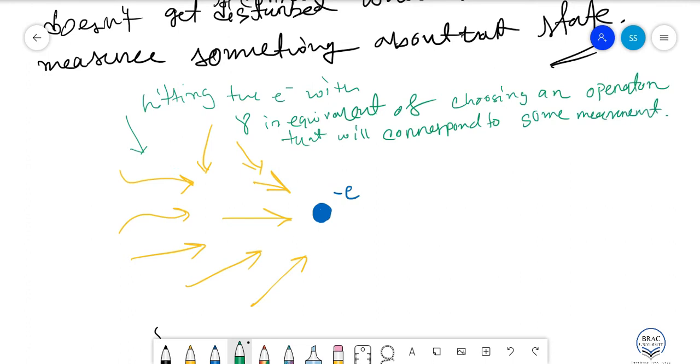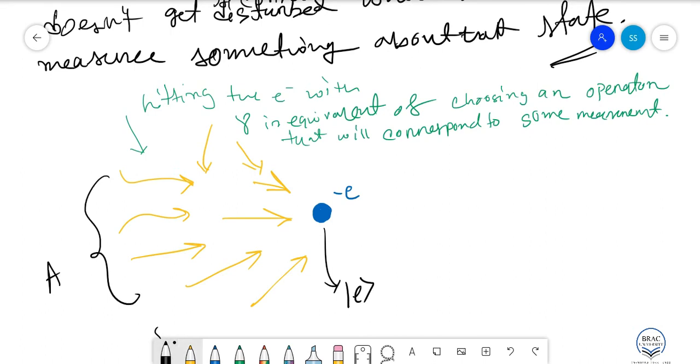Obviously not all operators will correspond to measurements, and not all operators will give us something observable. We will classify that later, but for now let's just think of these things really simply. And this electron over here is representing a state, which I just denote by E, this electron itself, and the light represents an operator, let's say A.